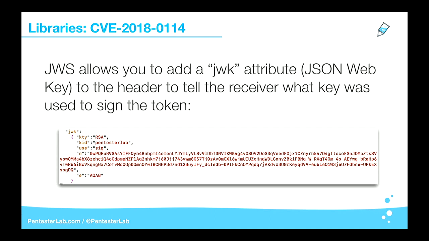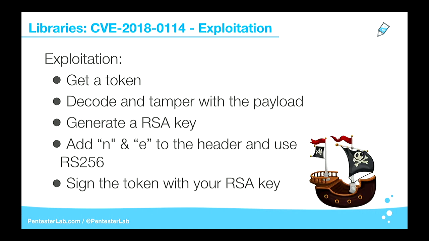And the amazing part is that people had this issue without using JWK at all. It was part of the library, and they got that for free. So what you do is you get a token, you decode and tamper with the payload, you generate an RSA key, then you add modulus and exponent to the header, and use that to RSA sign the token.